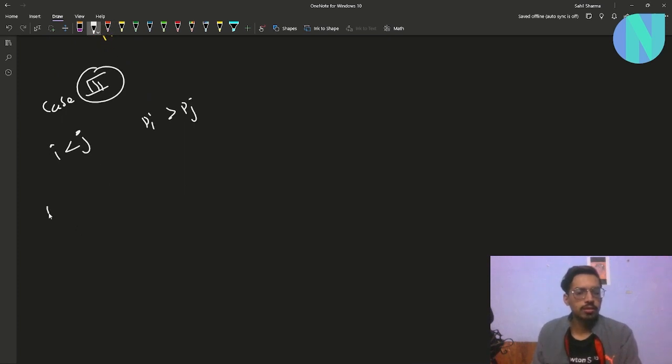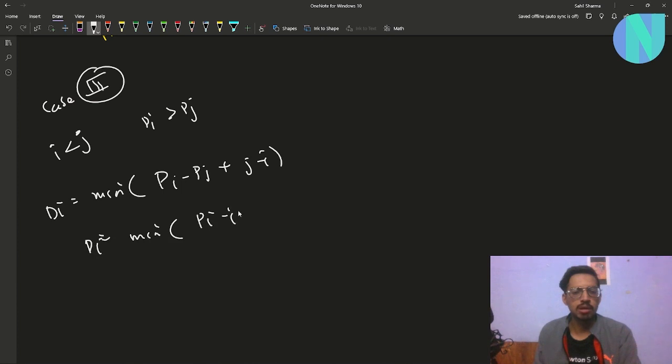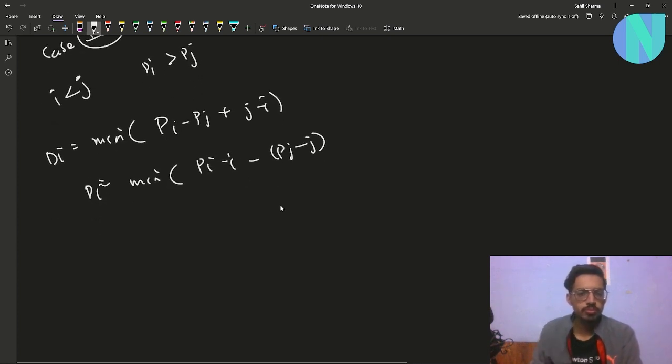So you will get d of i is equal to minimum of pi minus pj plus j minus i. So again, if you club the items, you get d of i is equal to minimum of pi minus i minus pj minus j.